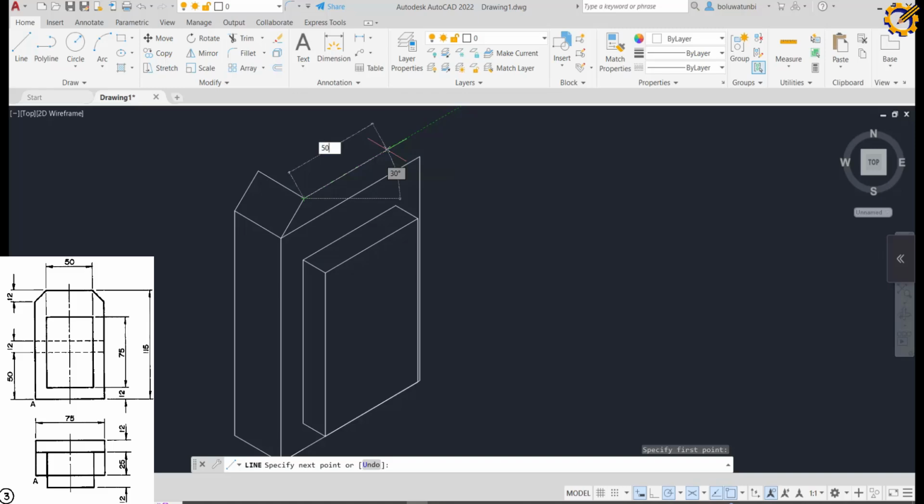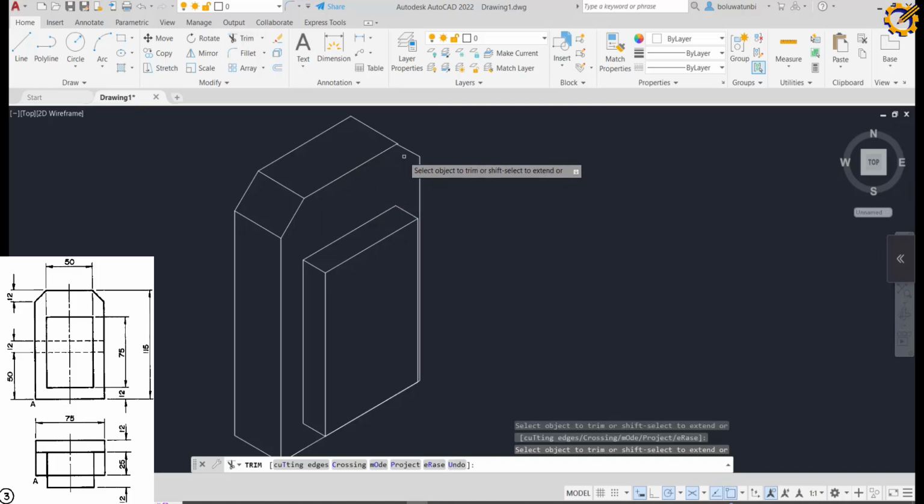Okay, at 50, enter and locking it here. 50, enter, then locking it here. I trim this.